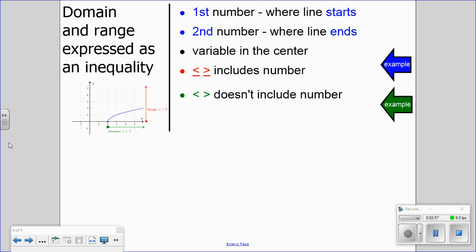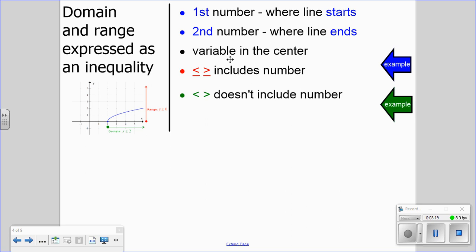So in this particular one, the x starts at 2 and the graph keeps going. And so instead of having a second number, what we would have is x is everything that is greater than or equal to 2.